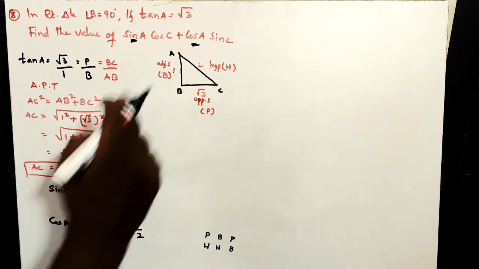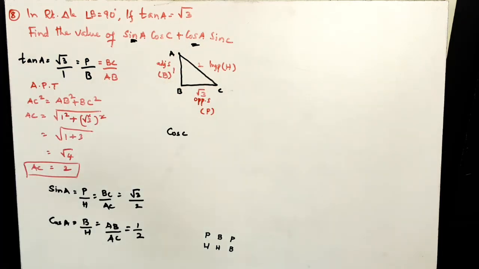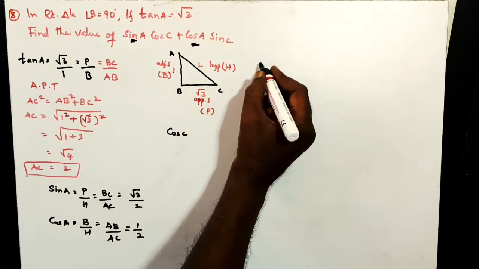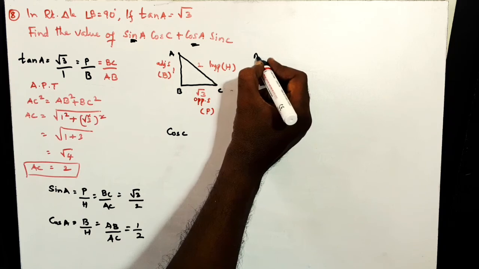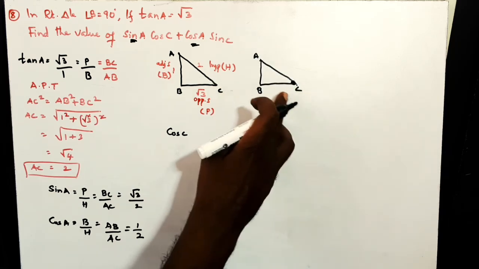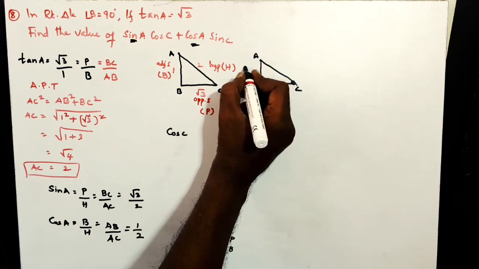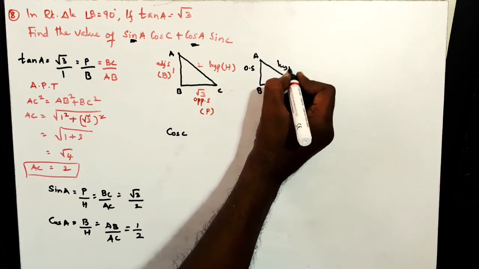Now coming to C, cos C. If you consider triangle ABC with respect to C, this is the opposite side, this is the adjacent side, this is the hypotenuse.